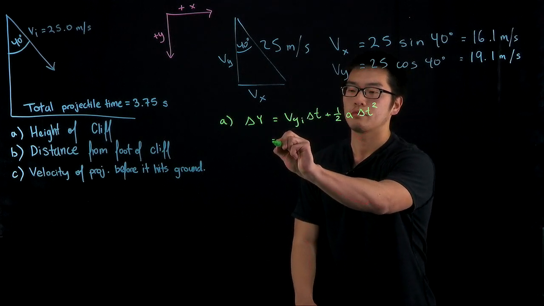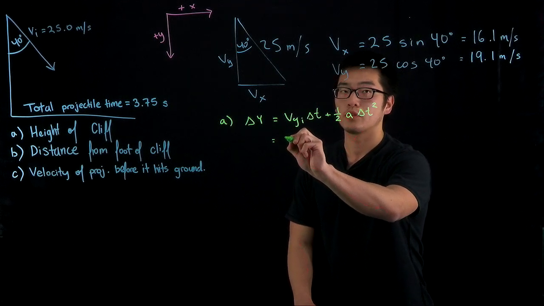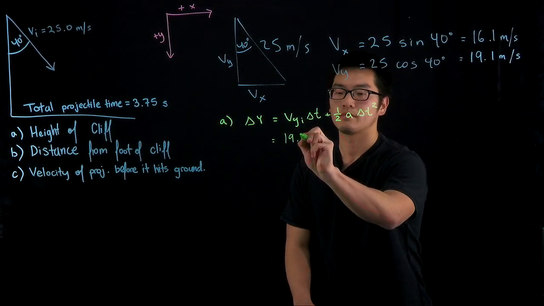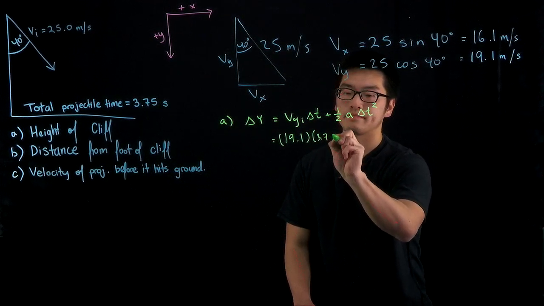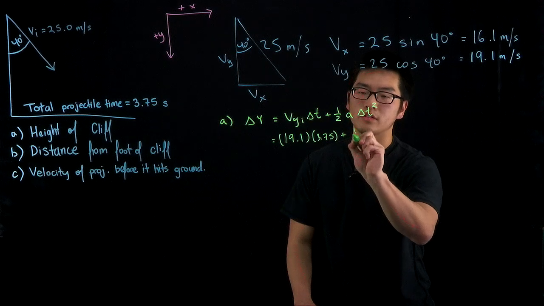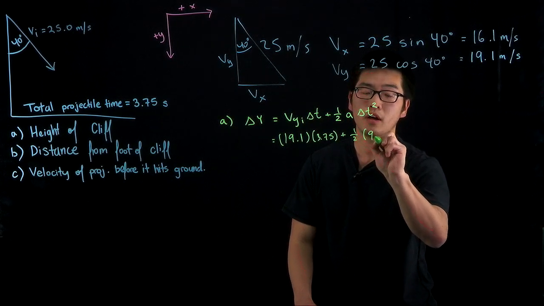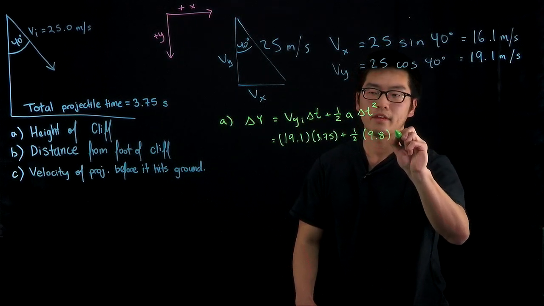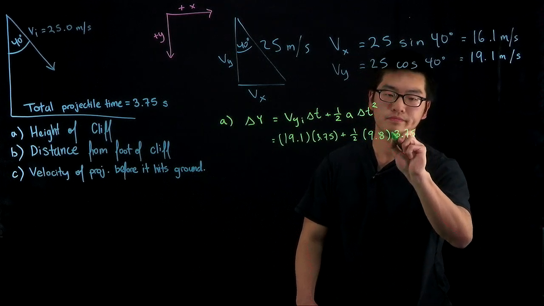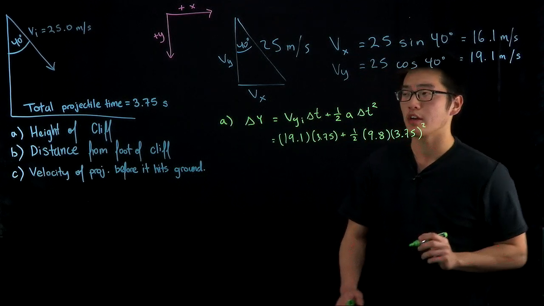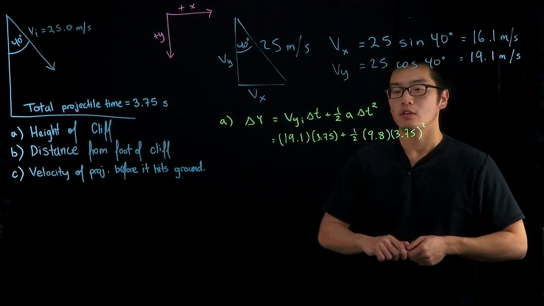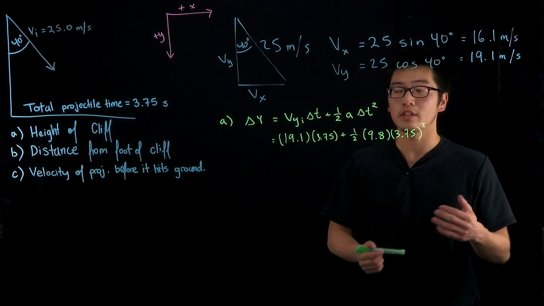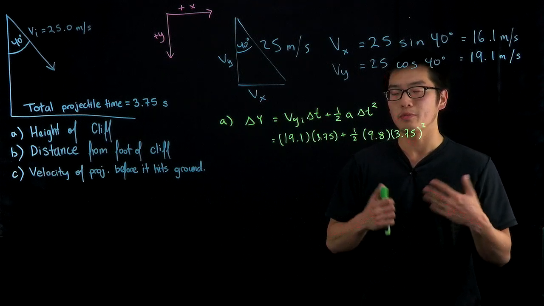Therefore, if we plug in all our values, we'll get 19.1 multiplied by 3.75 plus 1/2 positive 9.8 and 3.75 squared. Now, traditionally speaking, we believe that acceleration due to gravity will be 9.8 meters per second squared, and it will be negative.